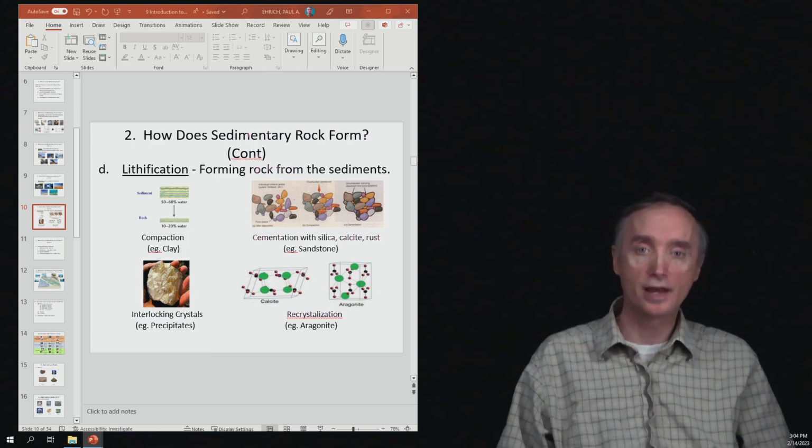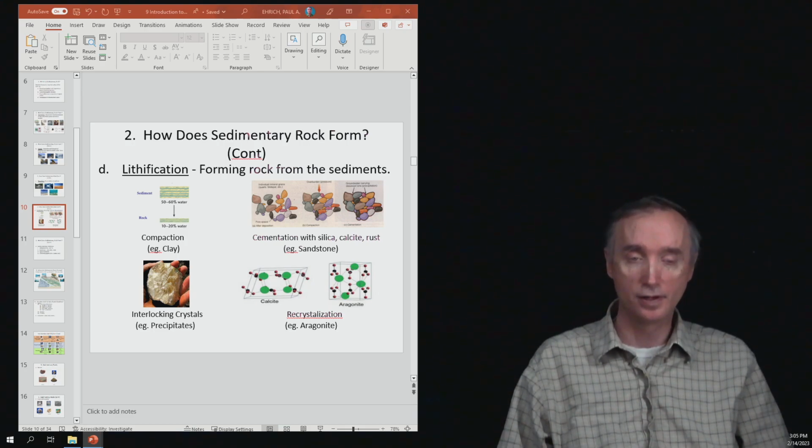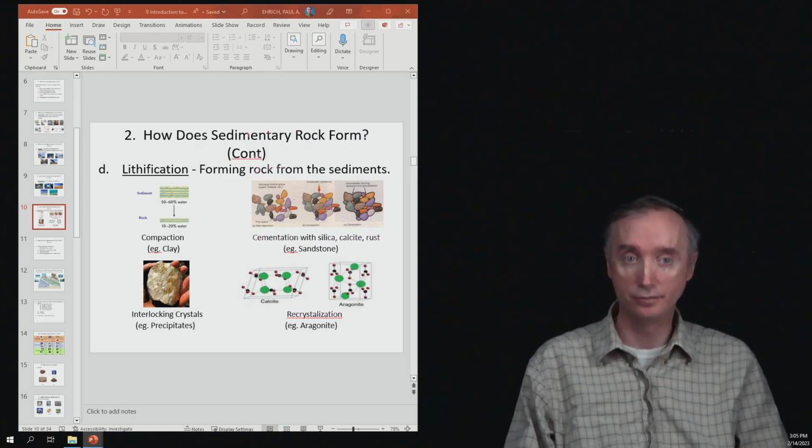Now that fourth example is going to be recrystallization, so that you have one kind of sedimentary rock that is composed of crystals, and then those crystals reorganize themselves into a different pattern.